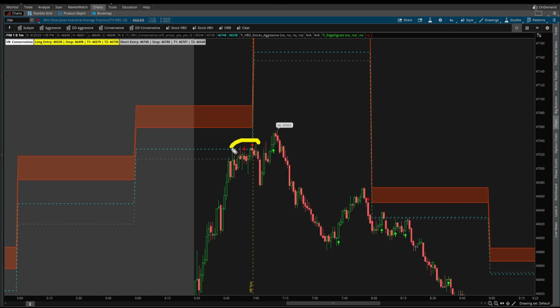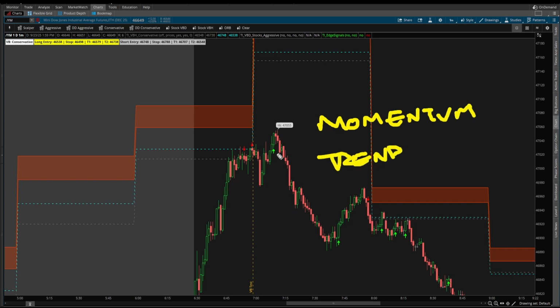In this case, we're looking for the red arrows given that we're looking to get short, and the red arrows tell us officially that we're now in overbought territory, looking for selling to start to kick into gear. Now, what does selling kicking into gear look like? Well, you could see that with two different things in my opinion. One is momentum starting to kick in, and the second is trend starting to officially reverse, which you could see with the market stage starting to turn to a different market stage.